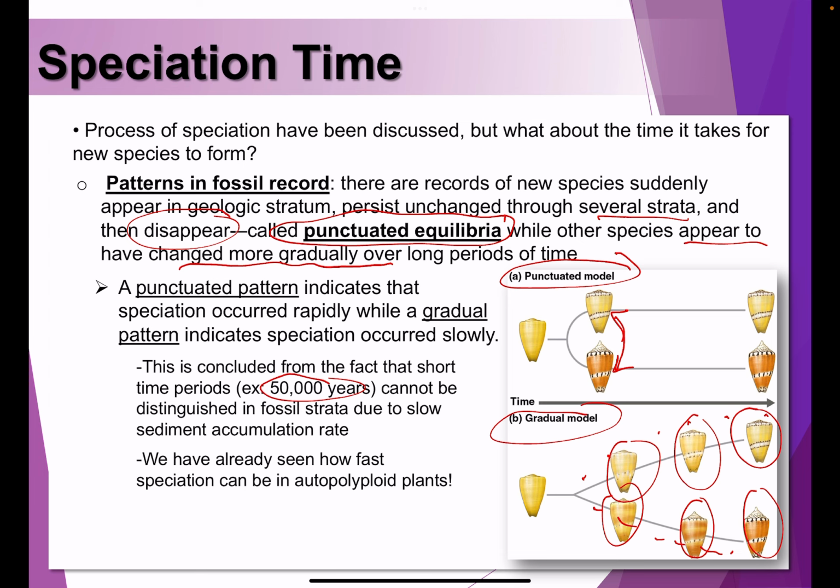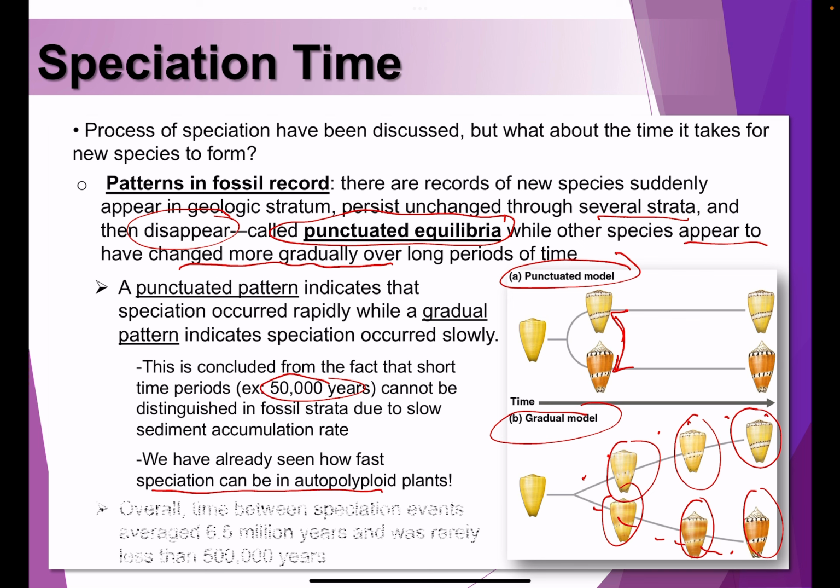They change in their traits or morphology very quickly. We have already seen how fast speciation can happen in autopolyploid plants. In just one generation, that's all it took for autopolyploid plants to form as a new species.